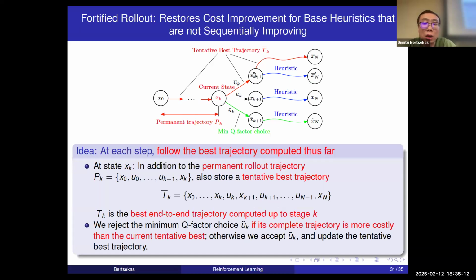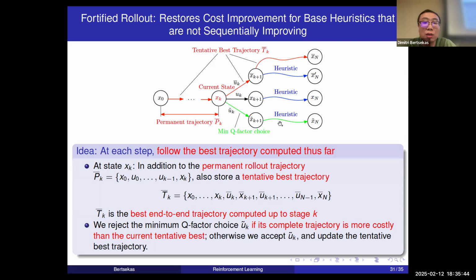Given that the base heuristic is not sequentially improving, it's not sequentially consistent, which means starting from this one, it can deviate from the tentative tail portion of the best trajectory. And let's say after comparing the Q factors, we find out that according to rollout, this is the minimum Q factor computed according to the standard rollout.